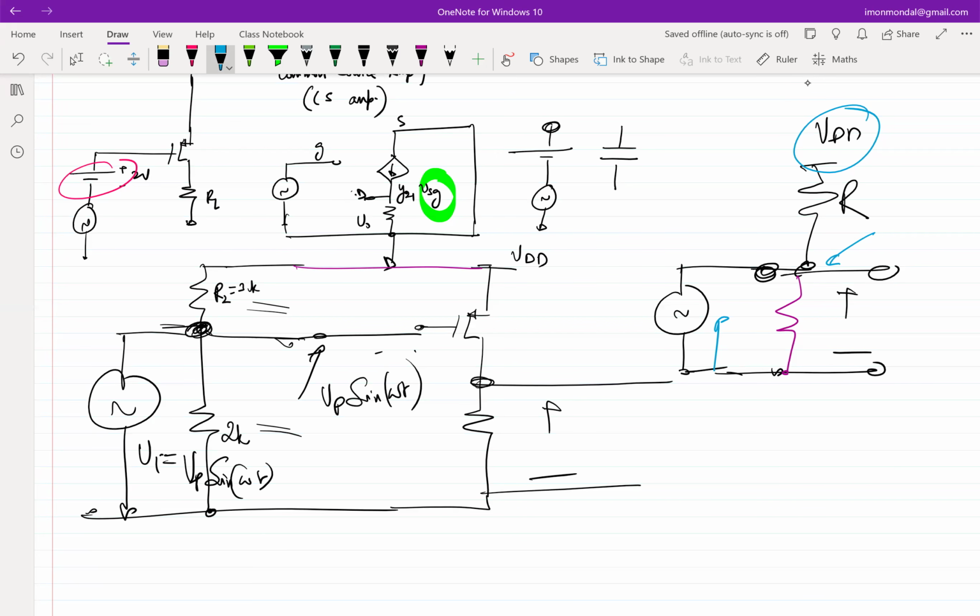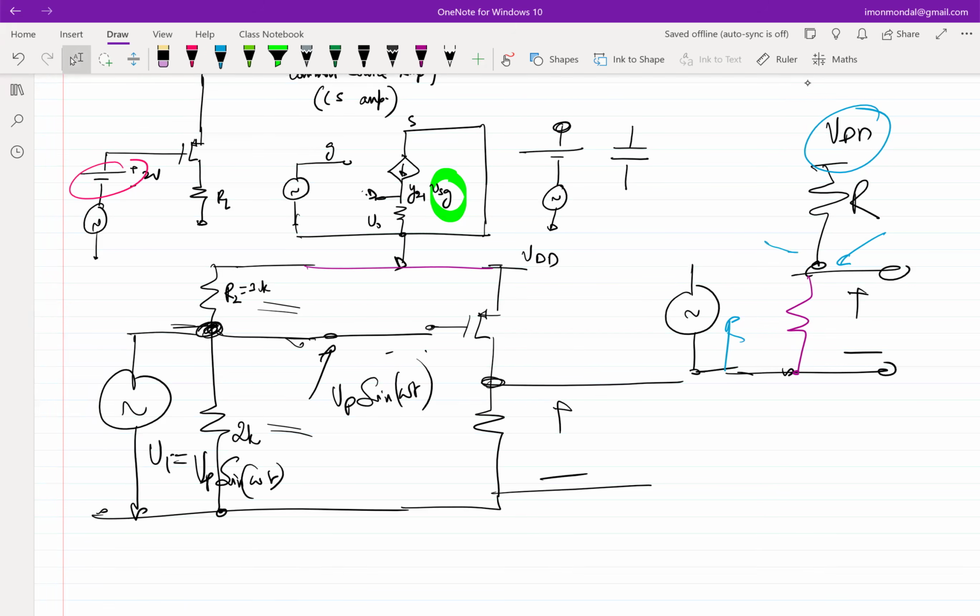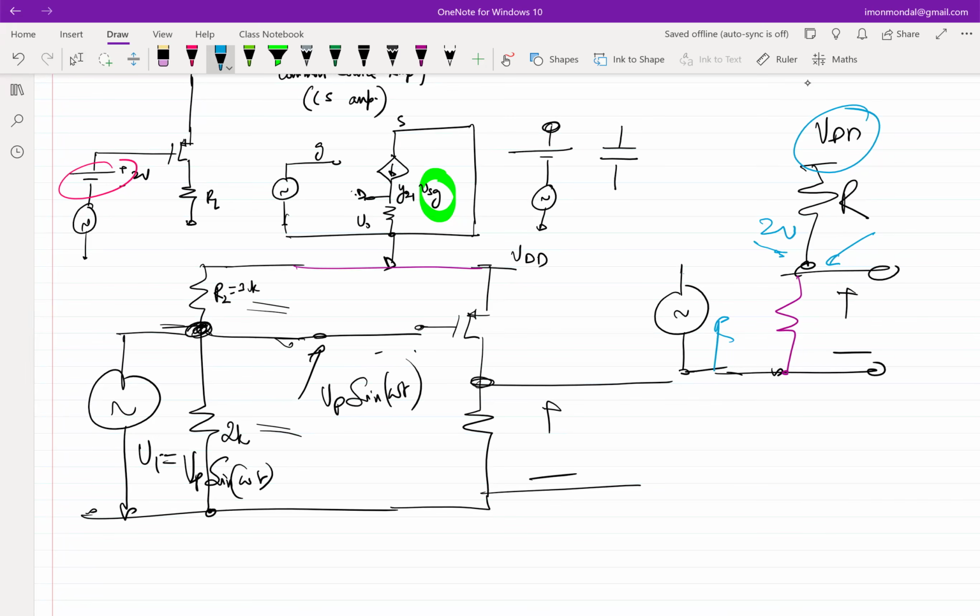Okay. So now the question is, let me ask you the question in another way. What needs to change for this voltage to go to Vp sin omega t? Essentially, initially when this was not connected, this voltage was 2 volt. And when I connect this, the voltage changes. Why does it change? Flow of current.